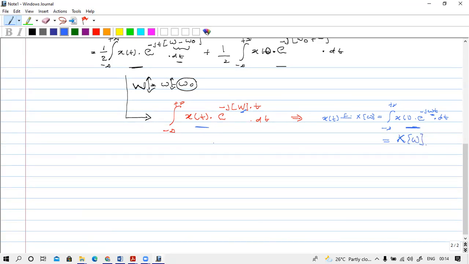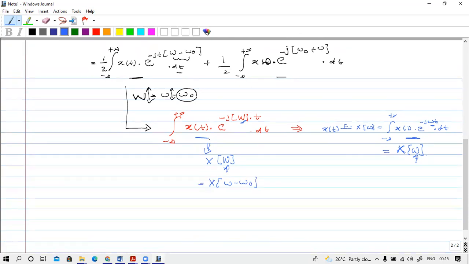Here also, if we do this integration and apply the limits for this t, again you will get the same capital X, but with capital W. So the same signal, only here you have omega and here you have capital W. So what is this capital W? It is omega minus omega naught. So you will get this expression if you integrate this. I think you can understand this.